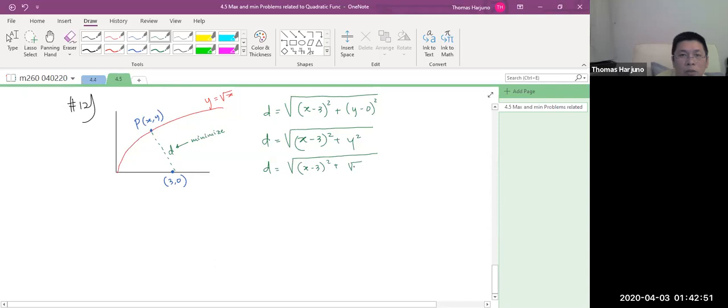Yes, y is square root of x, but you square that. Correct? So now we get the square root of x squared minus 6x plus 9 plus x. Then d is the square root of x squared minus 5x plus 9.